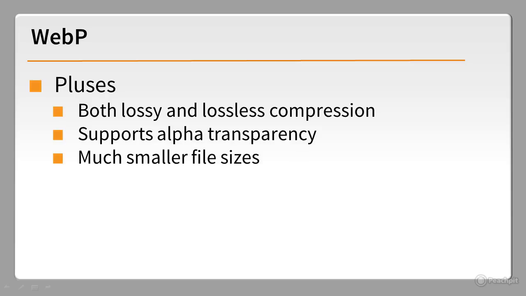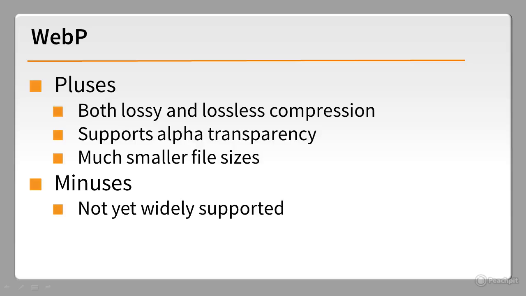But the real advantage of WEPI is that it produces high-quality images in much smaller files than JPEG or PNG. What stops it from being widely adopted is that it's currently supported only in Chrome, Opera and Android 4. But like SVG, this format will become increasingly important.